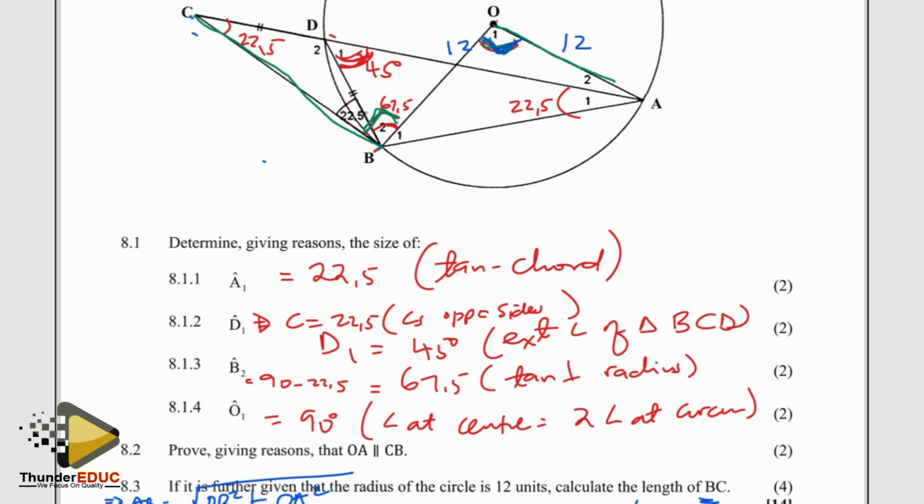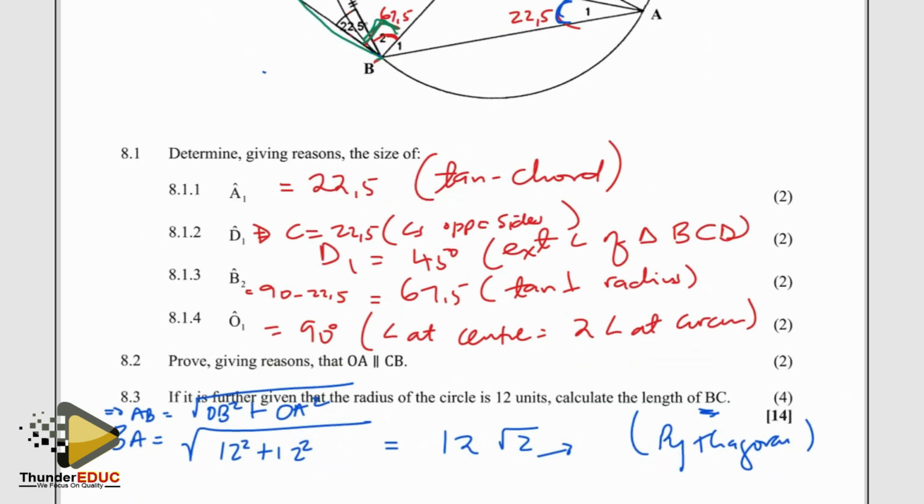Then what I'm seeing is that CB is the same as AB, because if this is a 22,5, even this is a 22,5. So since A1 is the same as C, which is 22,5, it simply means that AB must be the same as BC, because those are sides opposite equal angles.